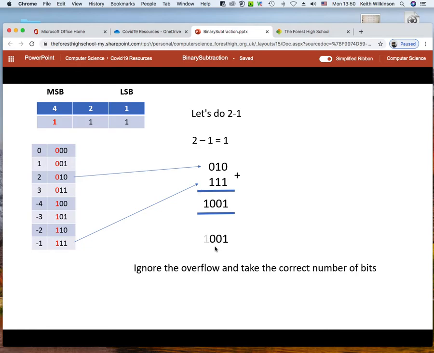Now let's take a look at the pattern of bits. I've got 0, 0, 1, and if I look in my table for 0, 0, 1, I find it here, and that is the value 1. So 2 take away 1 is 1. And the only problem I had was this silly number here, the 3 1s representing the -1.